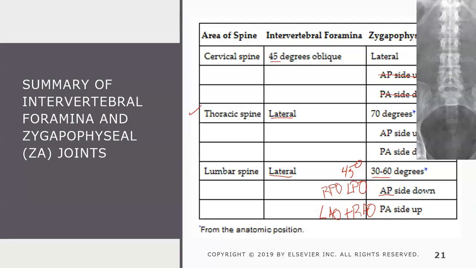So, once again, if it was done in an AP, that means we're looking at an RPO and an LPO, correct? And they're saying that you're looking at the side up. So if the patient was placed in an LPO, what side are we looking at? The right.